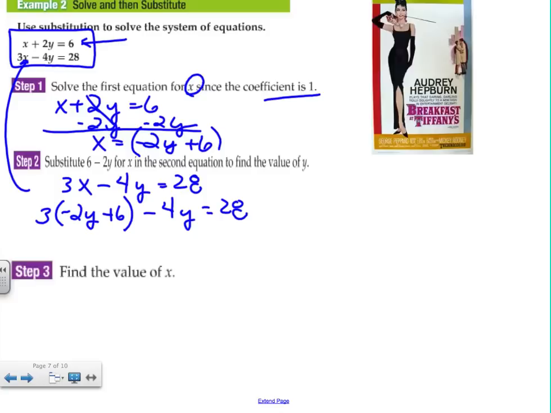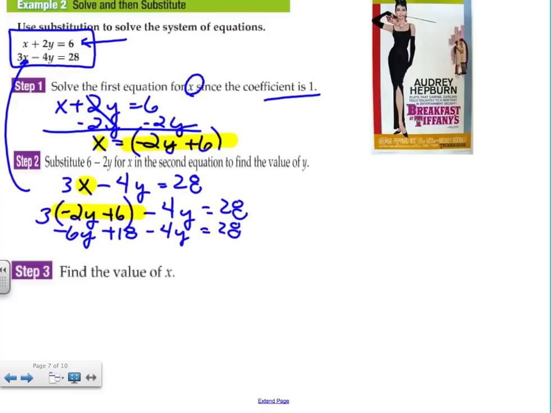Does everybody see what I did? I took the value of this x, which was this, and substituted it for this x. All right, so then we solve for that, and we get negative 6y plus 18 minus 4y equals 28.